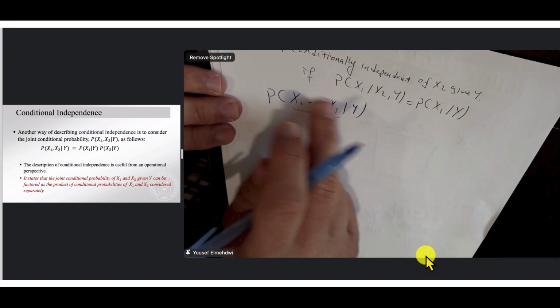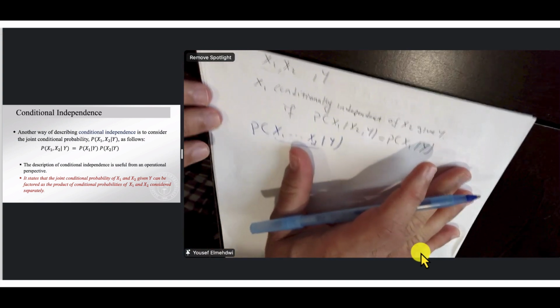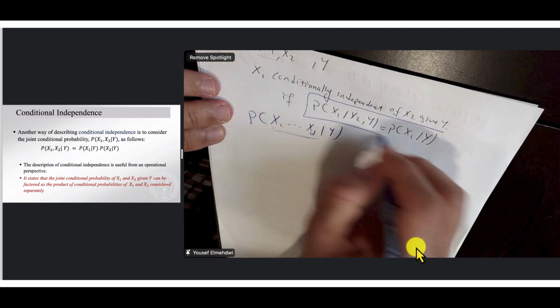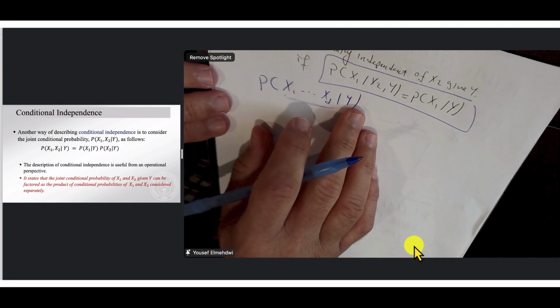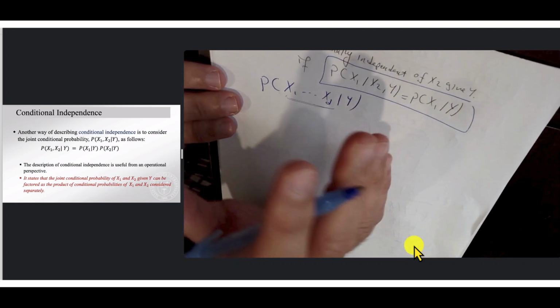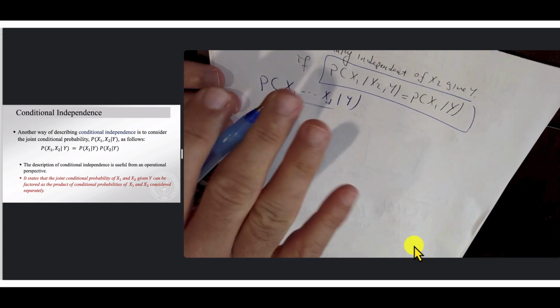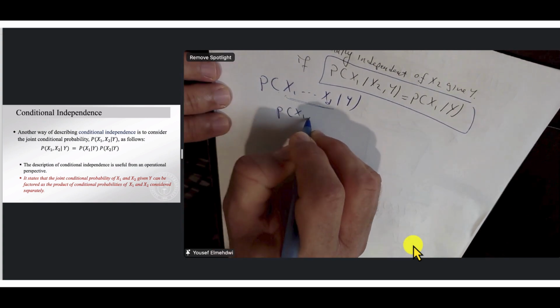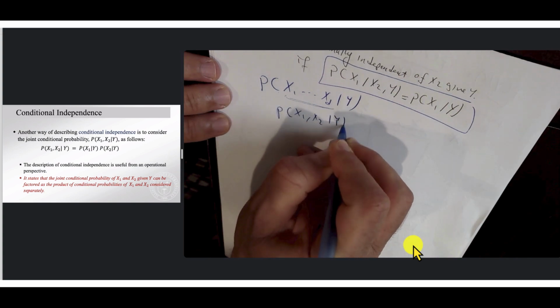So another way to describe the conditional independence between x1 and x2, as we described here. I try to find another way to write this one. I can try to use the joint conditional probability, the probability of x1, x2 given y, which can be described as the following.